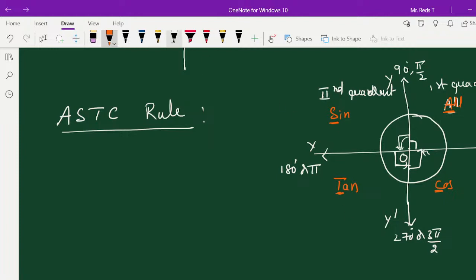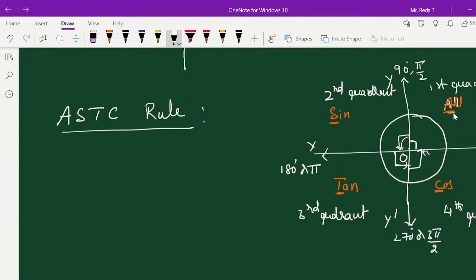Then I can mark this as the third quadrant, and this is the fourth quadrant.